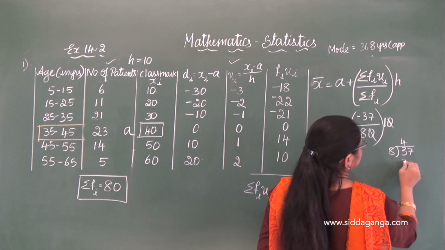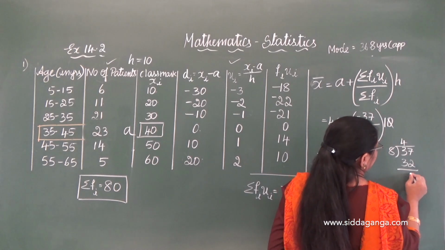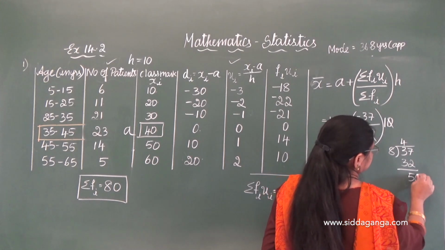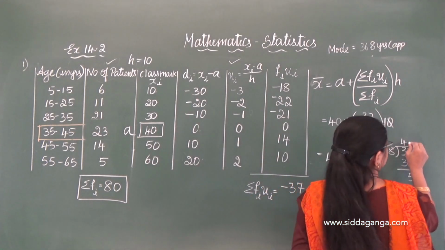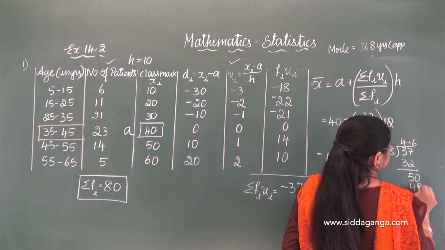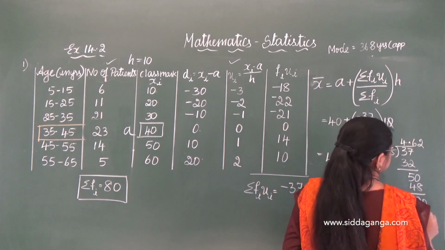8 4s are 32, remainder 5. 8 6s are 48, remainder 2. 8 2s are 16.